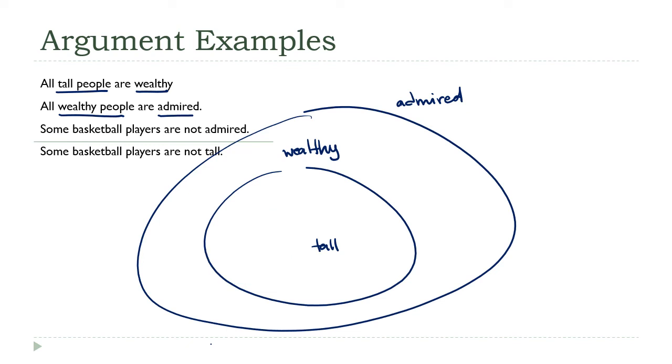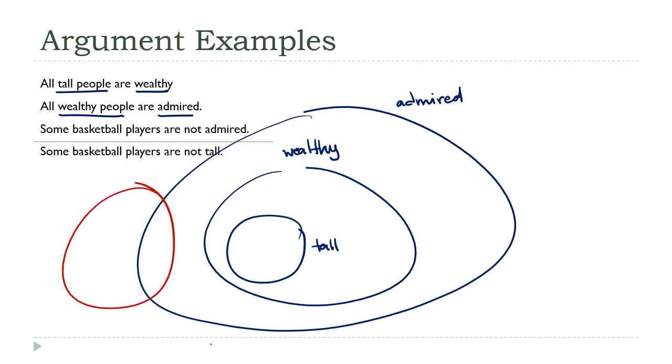Now I'm just making a hot mess. There we go. Okay. So how am I going to draw this? Well, I need to draw this in the most generic way possible. So what I don't want to do is this. Yes, that does illustrate some basketball players are not admired, because there are some outside the admired circle. But I need to do this more generally.